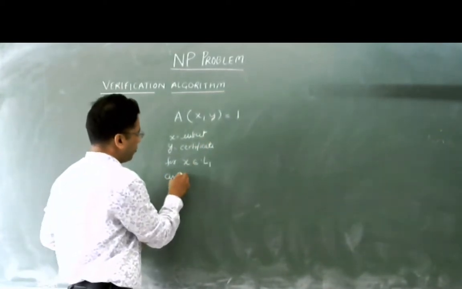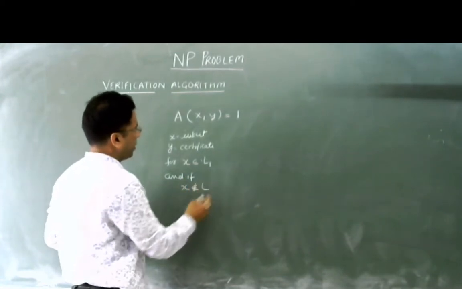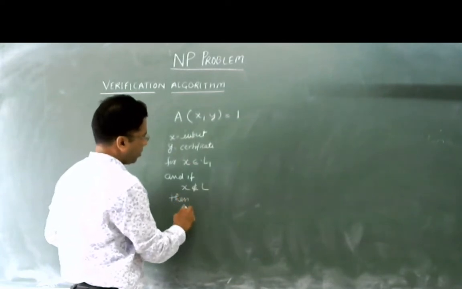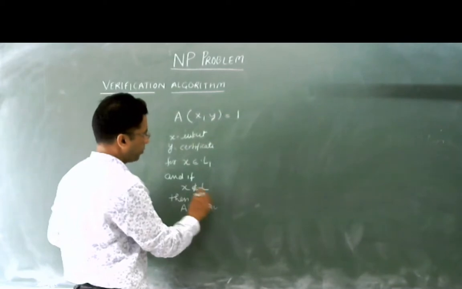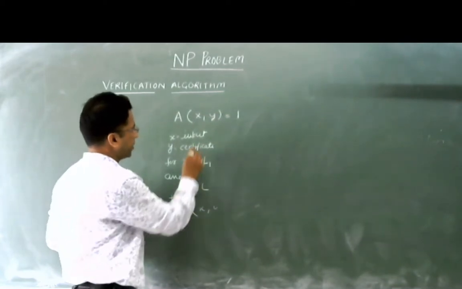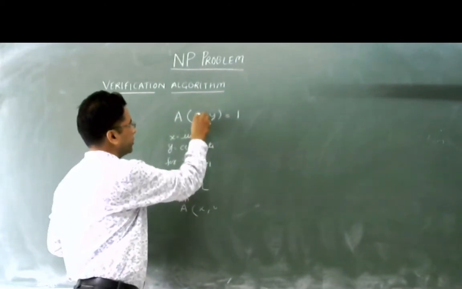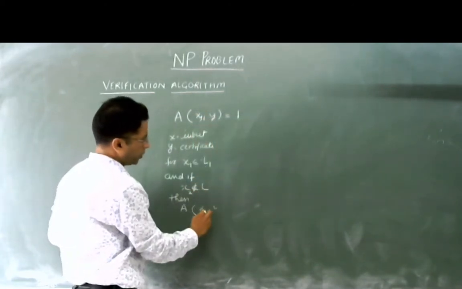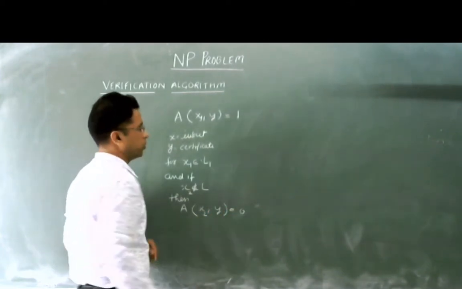And if X does not belong to L, then A of X, comma, suppose I'm taking X1 here. X1 belongs to L1 and this one is X2. Then X2 does not belong to L, so A of X2, Y would be equal to 0.